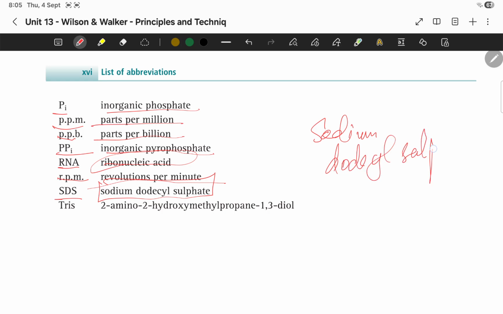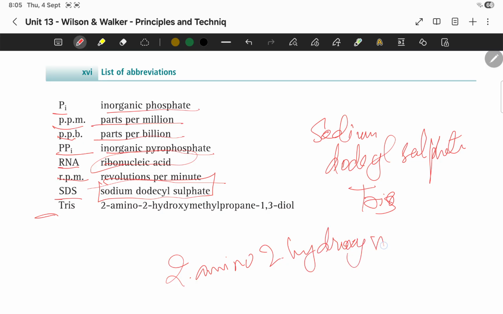Tris. Why is tris just tris? It is 2-amino-2-hydroxymethyl-propane-1,3-diol.